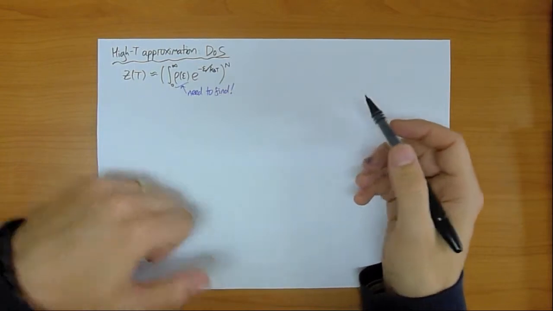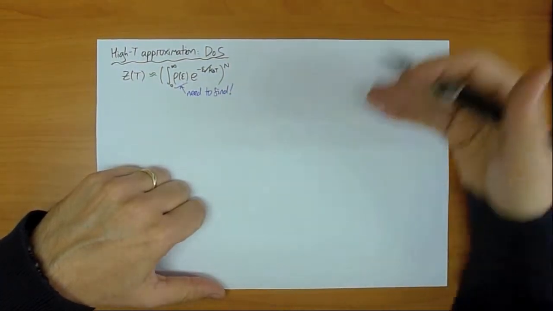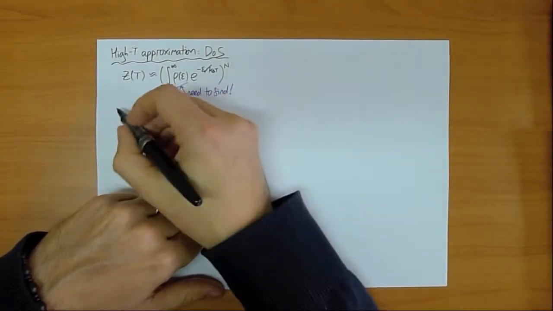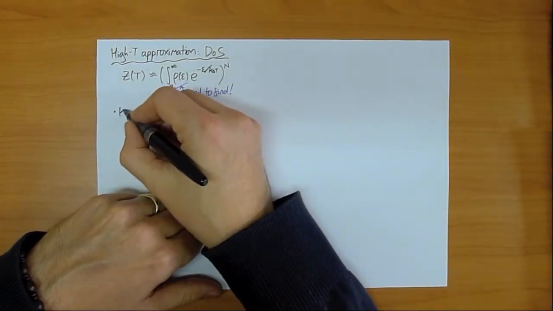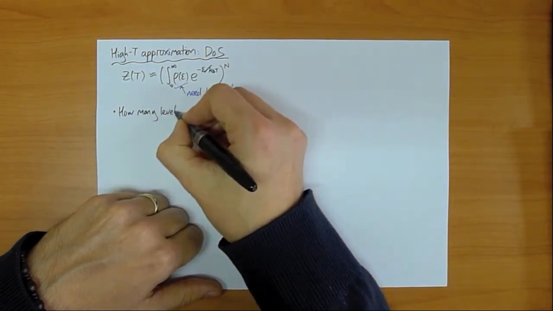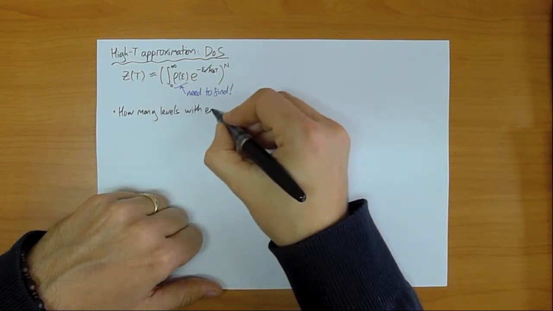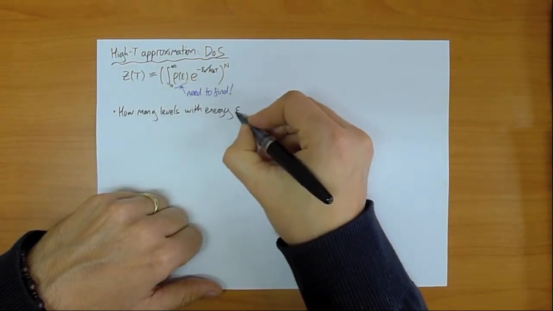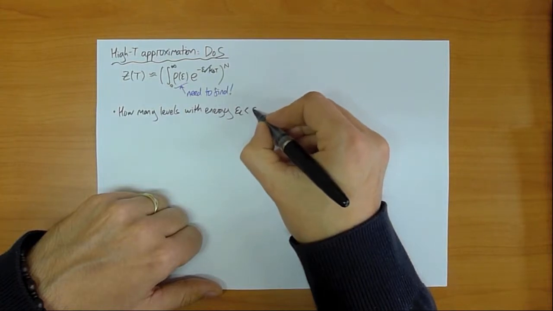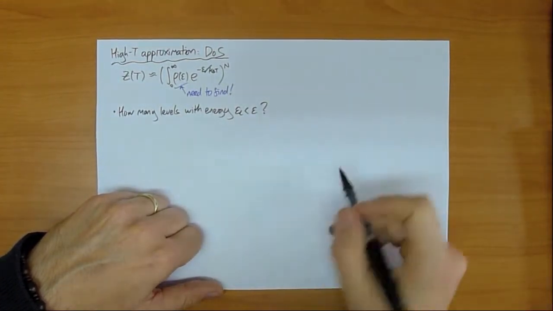The easiest way to do that is to find, first of all, how many levels there are below a particular value of energy. So, how many levels with energy epsilon_L less than some value epsilon? This is the first question we'll answer.